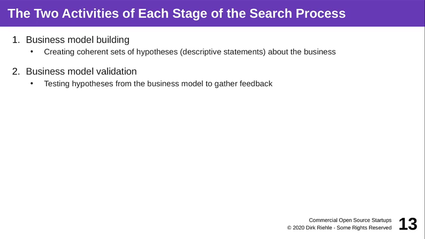And your learning from testing these hypotheses will either lead you to deepen and refine those hypotheses, or maybe change them so significantly that you go back a step because you realized you headed up the wrong hill. So within each stage, you build out the business model, and whatever is new and whatever has been refined over previous information has to be tested and validated.